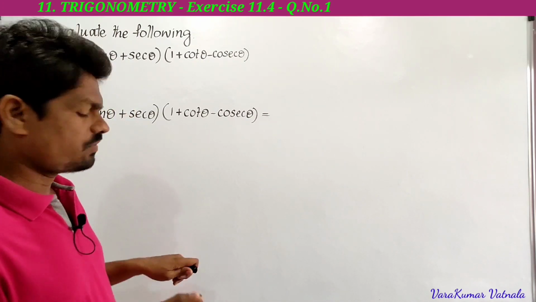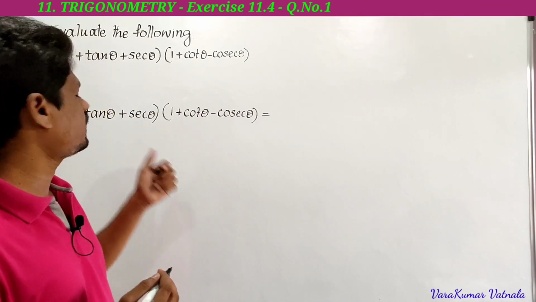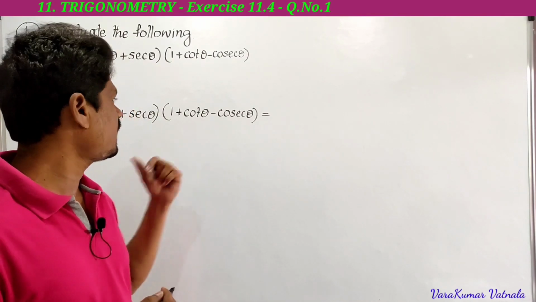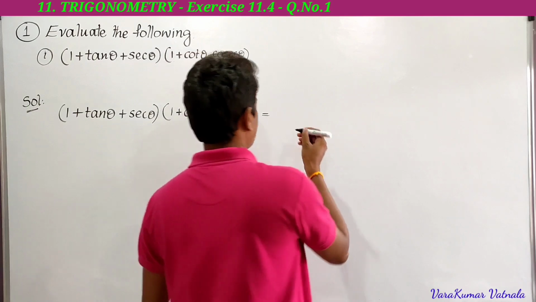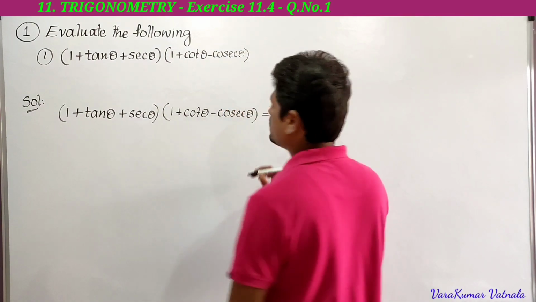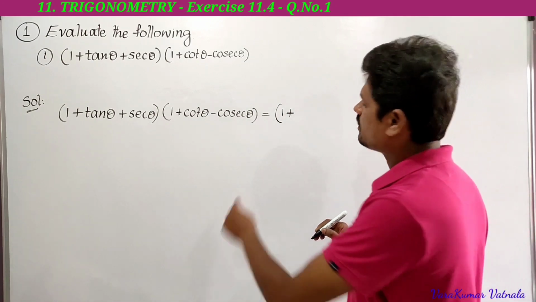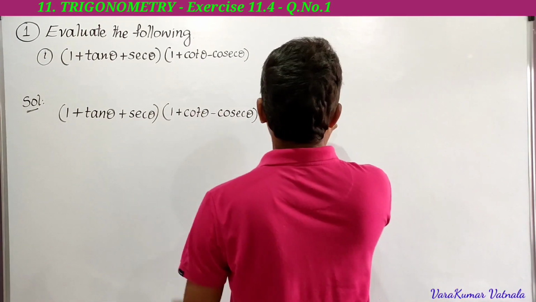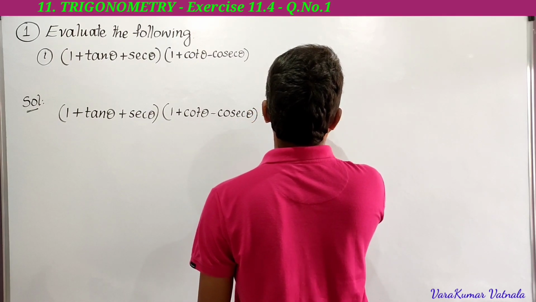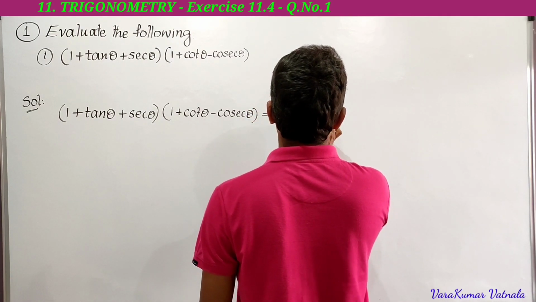So here first we have to convert tan into sin and cos, and sec into cos, like that. So 1 plus, how I am writing, see here. We know tan theta is equal to sin theta by cos theta, right? 1 as usual, but this tan theta I am writing as sin theta by cos theta.